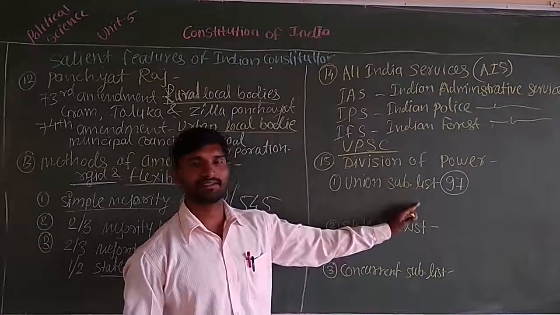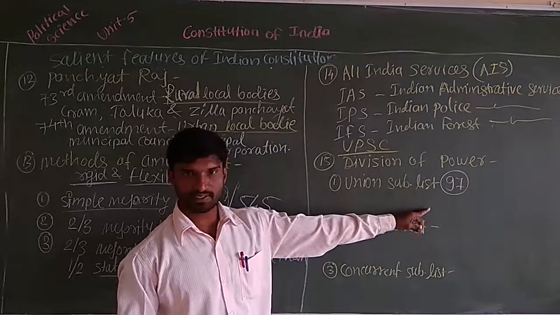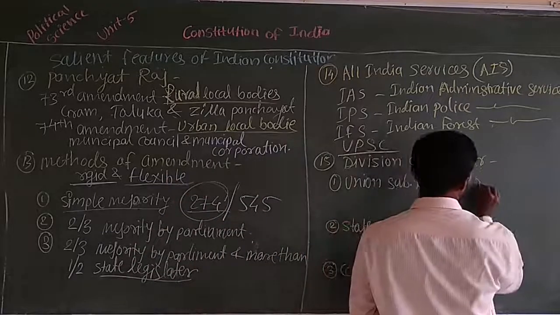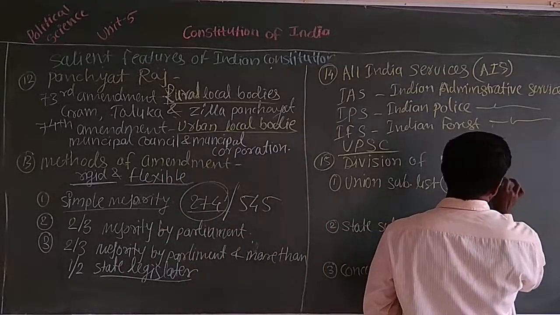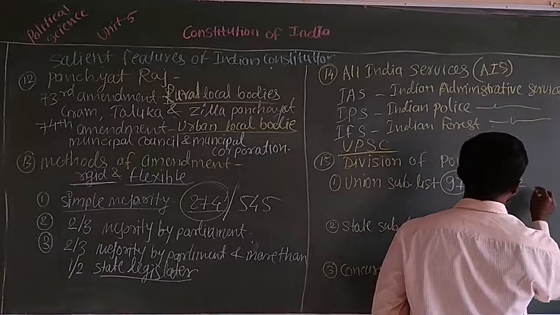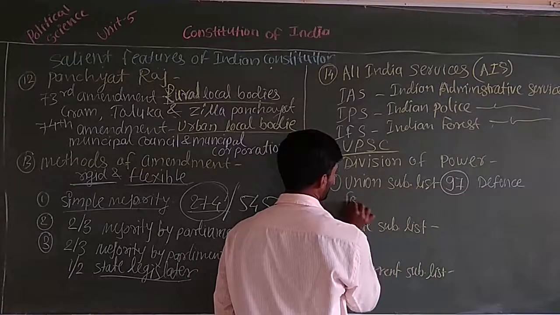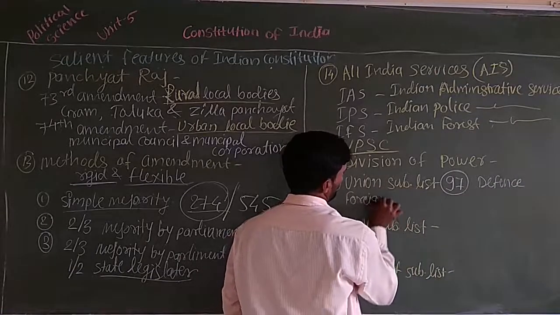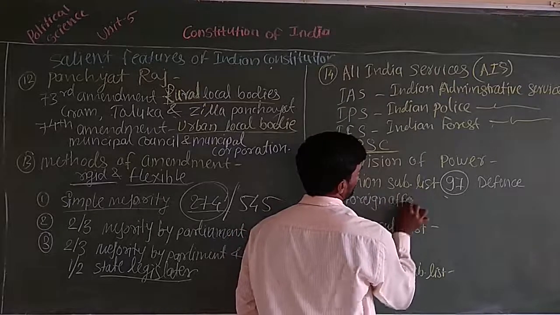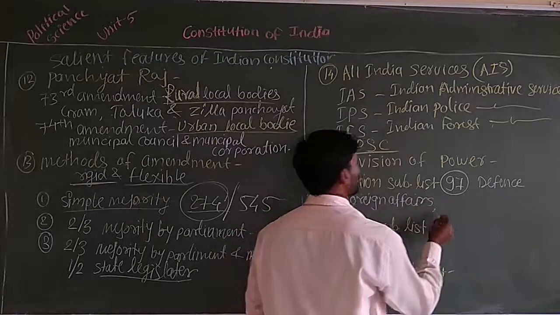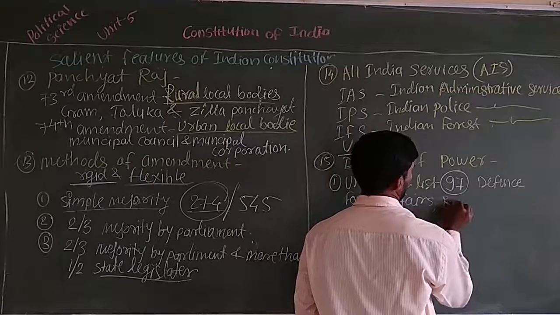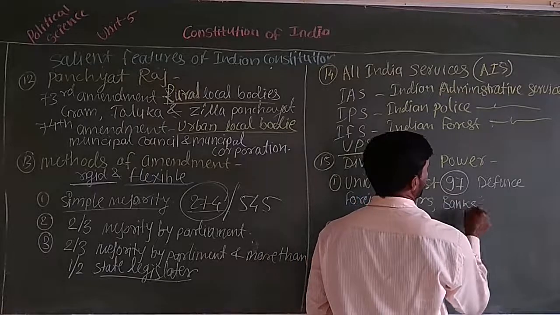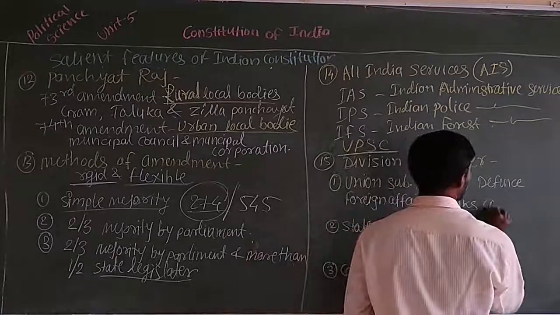Union subject list consists of 97 subjects: defense, foreign affairs, bank, currency.